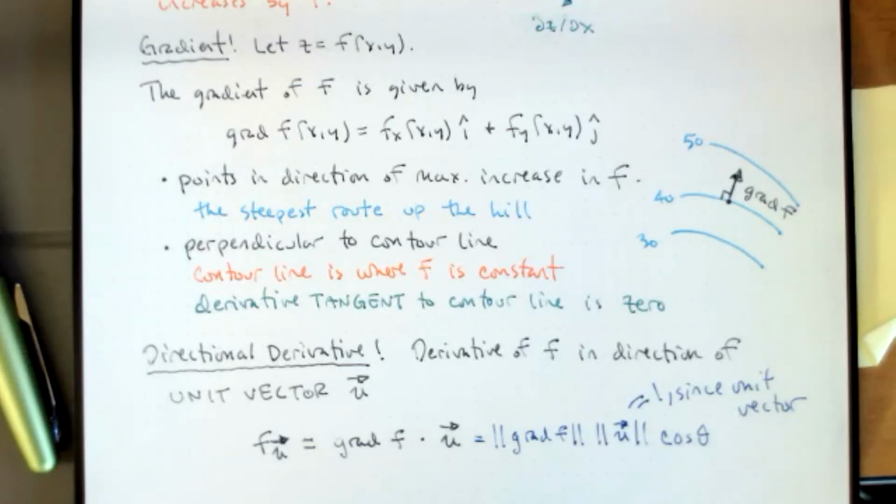Yesterday we calculated some derivatives. The derivative in the x direction was 4. So when x increases by 1, we expect z to increase by approximately 4. And the derivative in the y direction was -2. When y increases by 1, we expect z to decrease by 2, approximately.